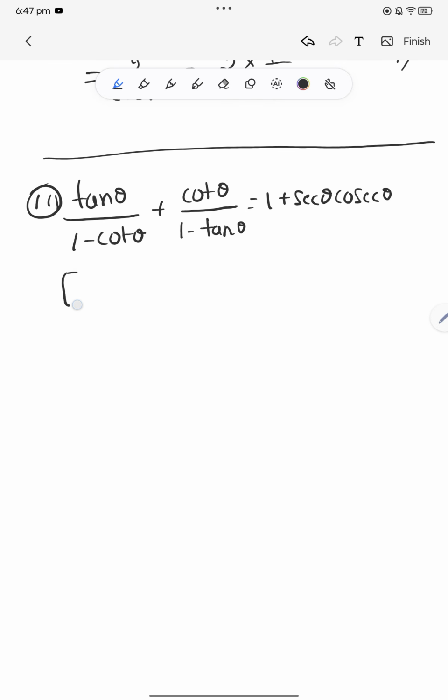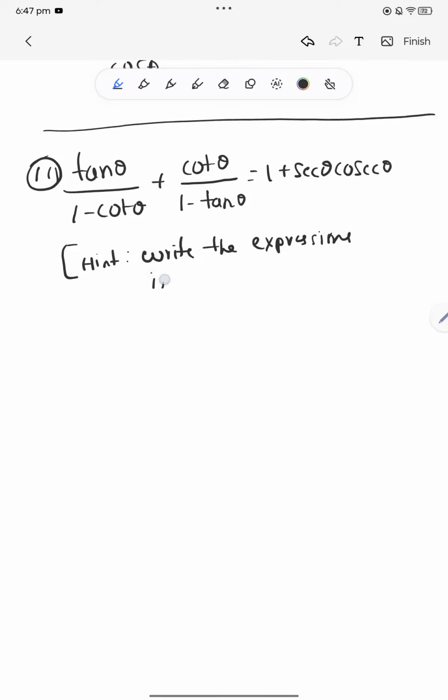Now, the hint given. What is the hint given here? Write the expressions in terms of sin theta and cos theta.